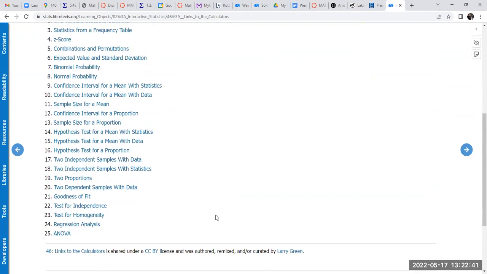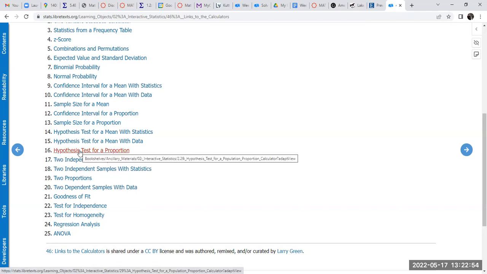Which number should I use? 16. Exactly, 16, because this is a proportion question. The survey question is, do you think masks should be mandated on airplanes? And the person's going to say yes or no. Does that make sense? So it's a proportion question. We're doing a hypothesis test. It's a single proportion. I click on that.